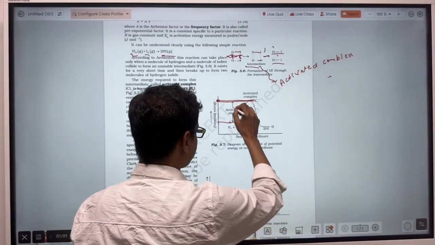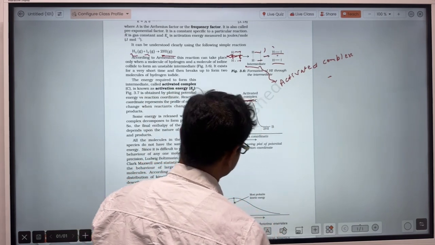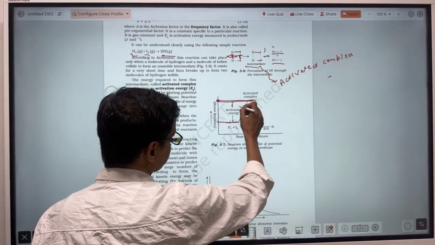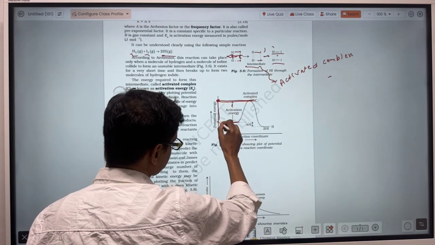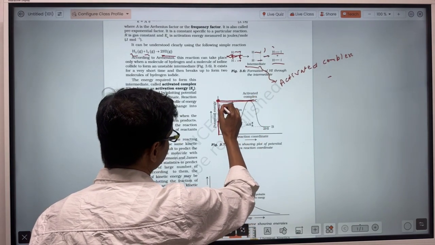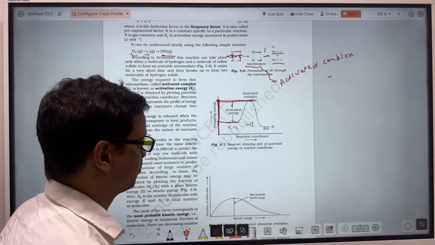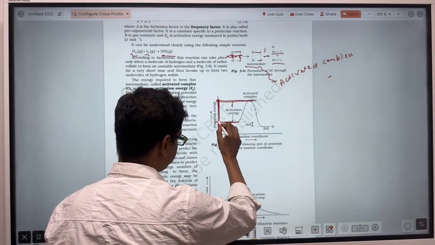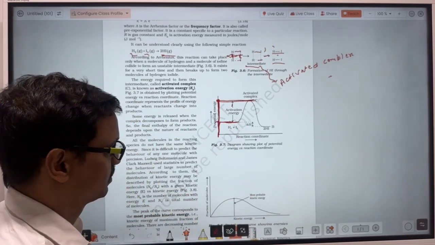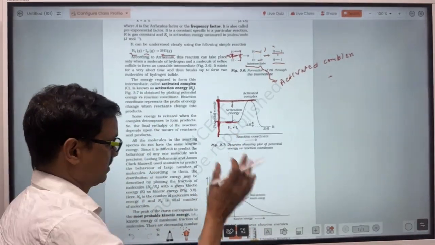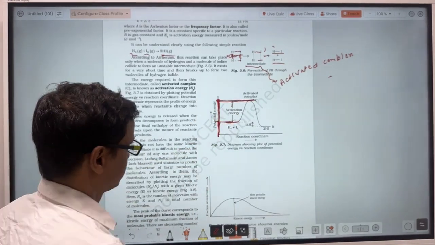So how much energy will we have to supply, because the reactant already has some energy? The total energy of the activated complex is from here to here, and the energy of the reactant is from here to here. So how much extra energy must we supply to form the activated complex?